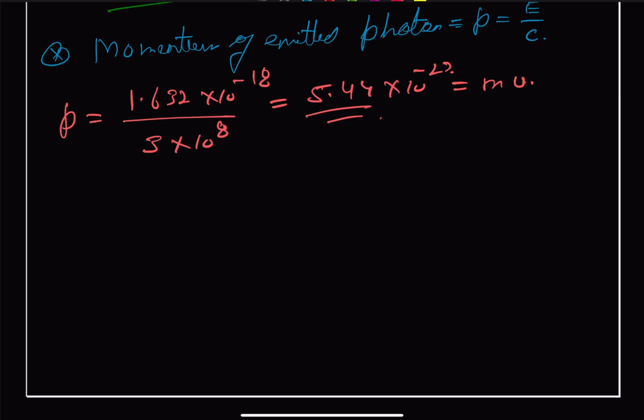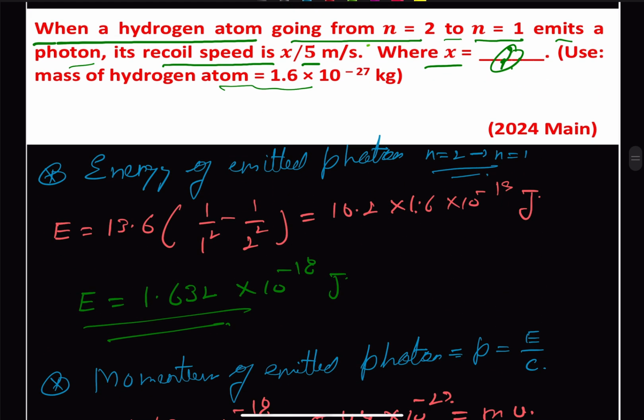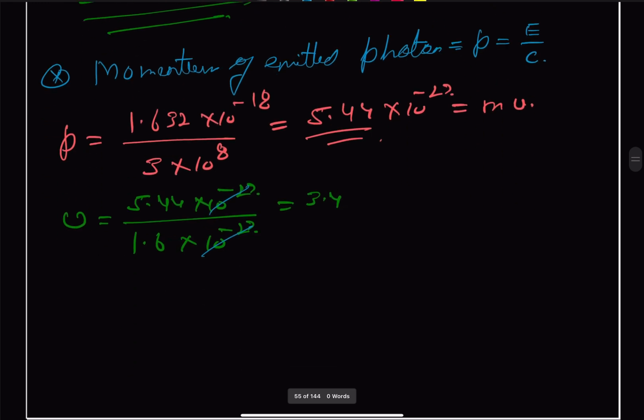So we get that velocity V will be equal to 5.44 into 10 to the power minus 27 divided by mass, which is 1.6 into 10 to the power minus 27. So this 10 to the power 27 goes away, and we get the velocity is equal to 3.4 meter per second. But in the question it is given that recoil speed is x upon 5.